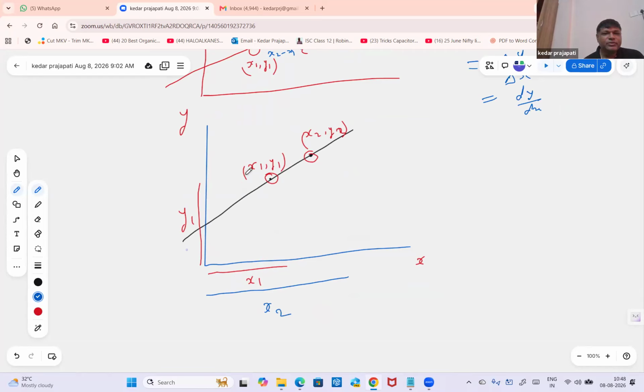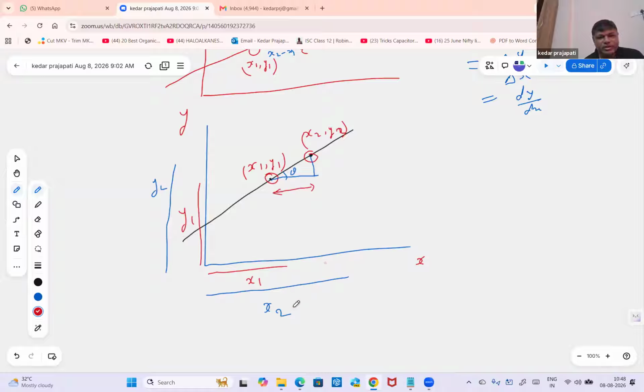Now from here to here, how are you reaching? This is y2. Right? Now I want to find theta here. So draw a perpendicular. This is your theta. Now I just want to get the value of this, no?